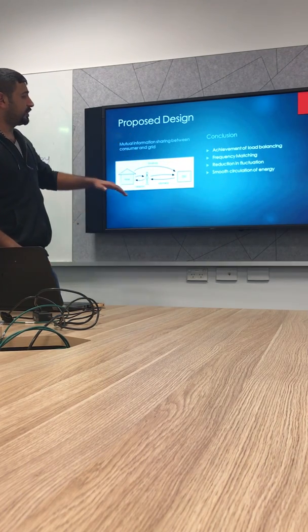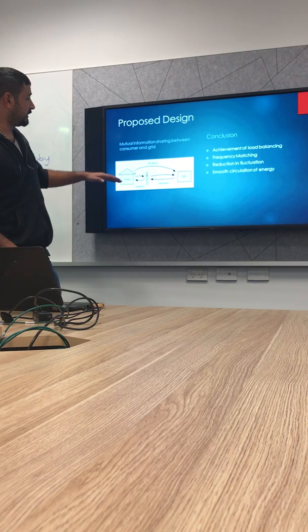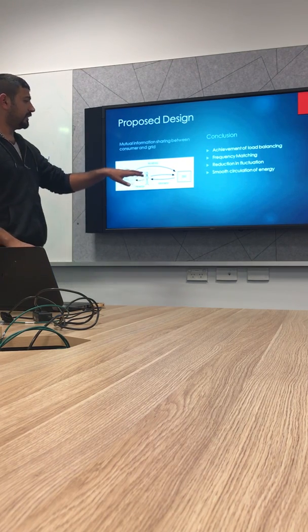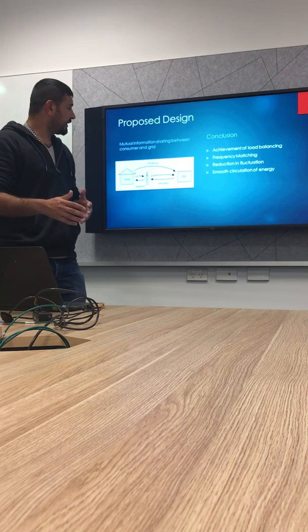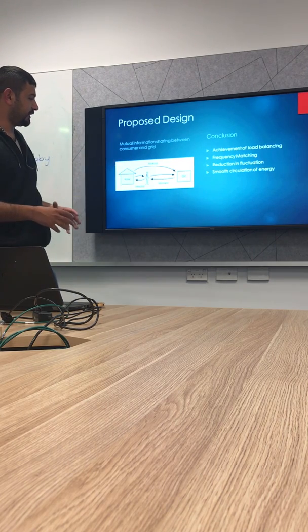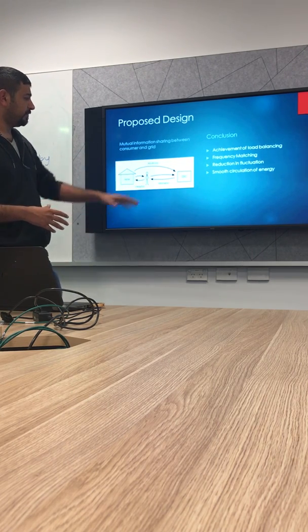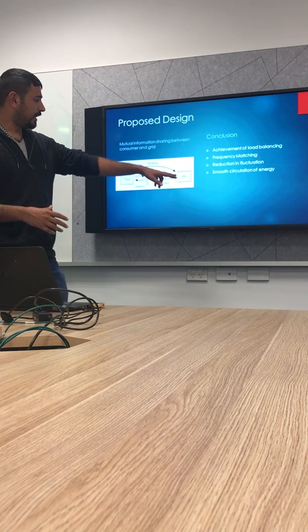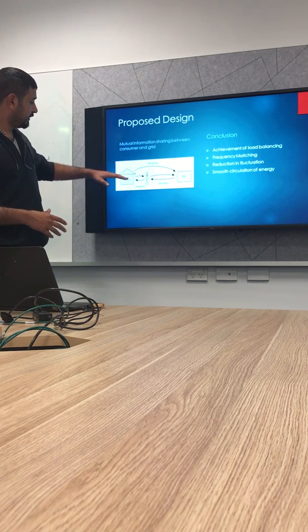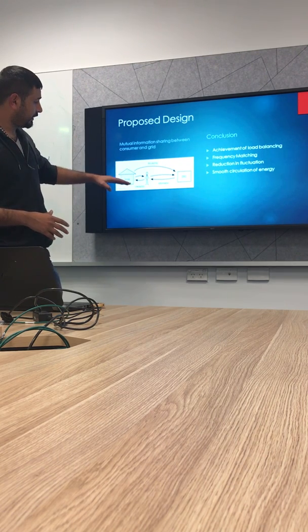The further illustration of my design is the mutual information sharing between consumer and grid. The diagram shows the grid side and the house infrastructure of the user.